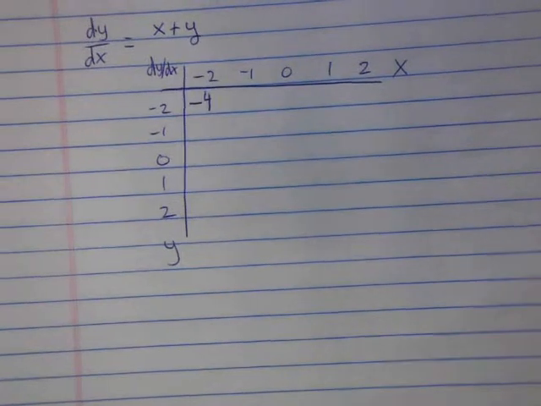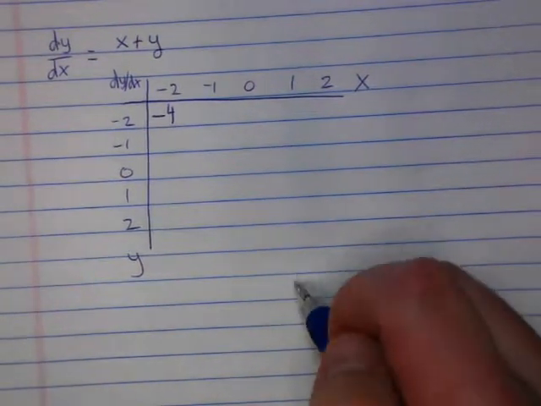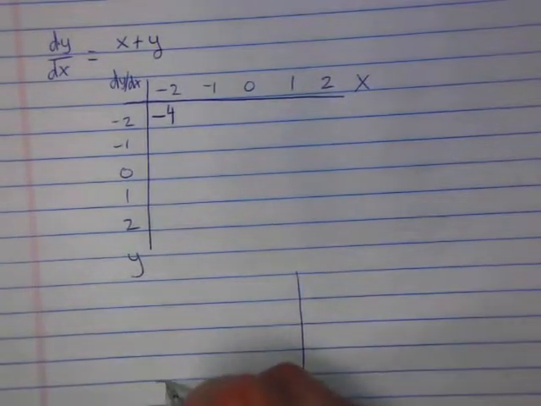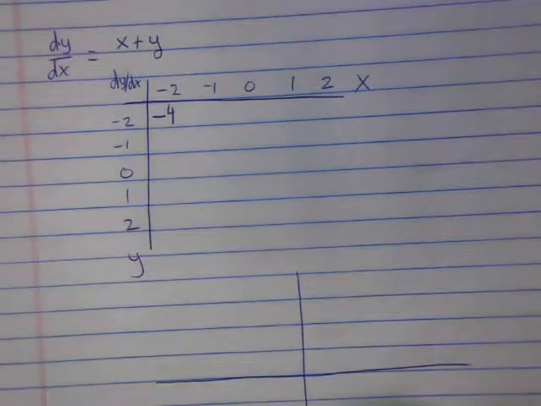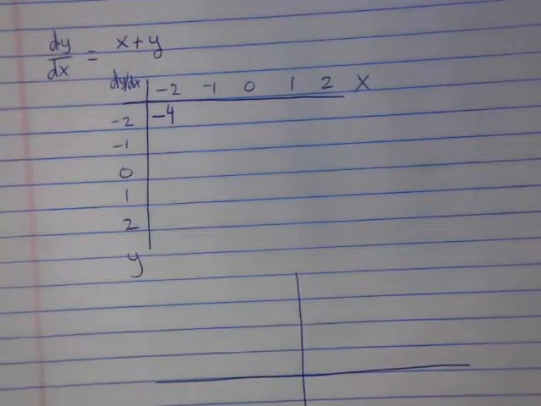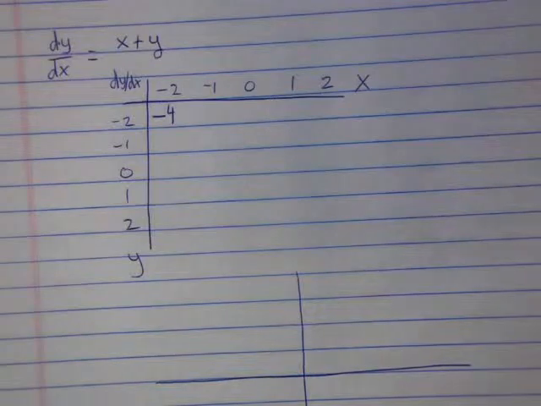So to start drawing my slope field, I would go to the point (-2, -2), which is right there, and I would draw a little piece of line with a slope of -4. So there's my little line with a slope of -4 at the point (-2, -2).